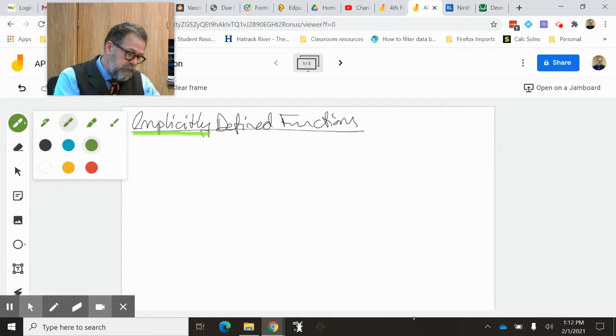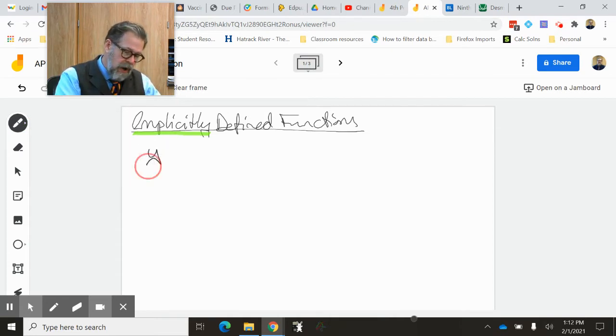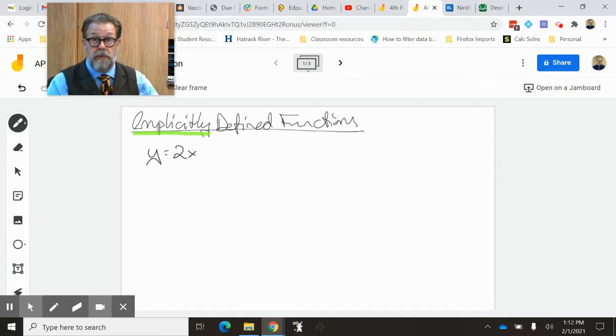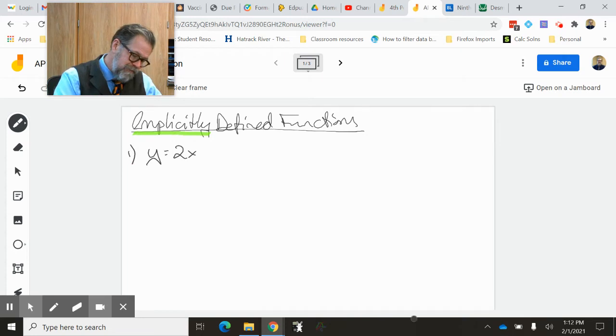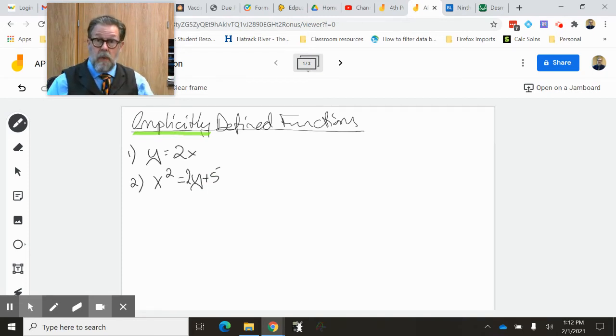So an explicitly defined function, y equals 2x, says, I take the x value, I multiply it by 2, I get y. But what about the following function? x squared equals y plus 2y plus 5. Well, it looks to me like y is a function of x.